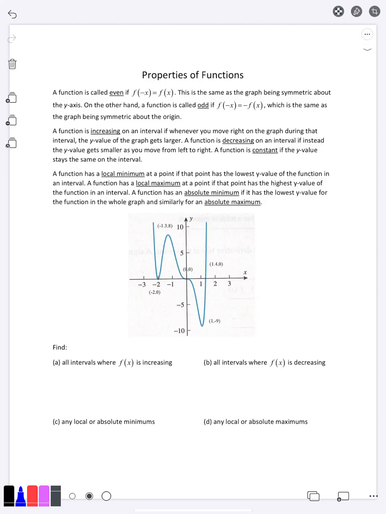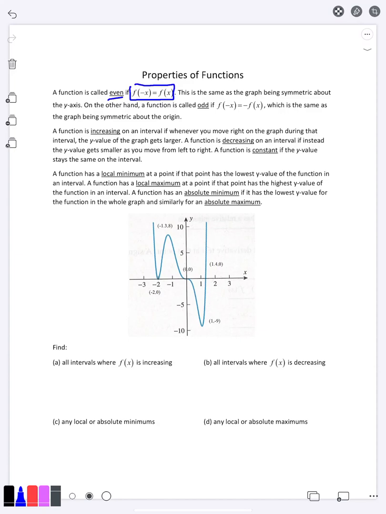In this video, we're going to talk about some more properties that functions can have and look at how they relate to the graphs of functions. The first two, we're not going to spend a lot of time on right now because they're the same as the symmetry concept we saw in an earlier video. The first is that a function can be called even if this equation is true.